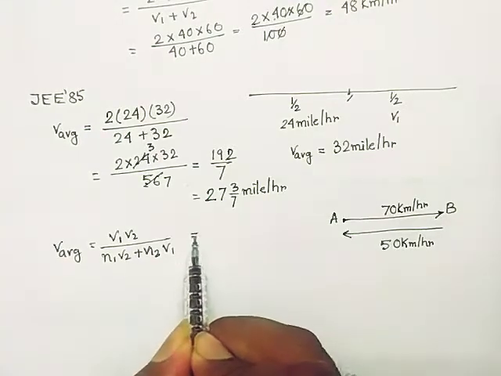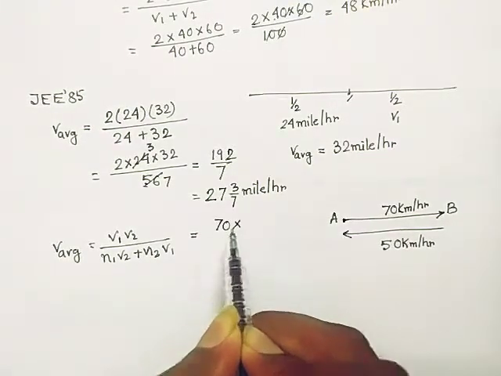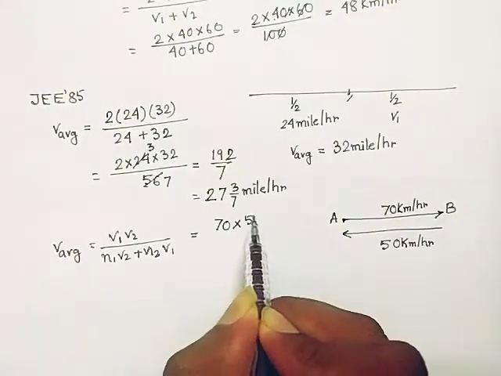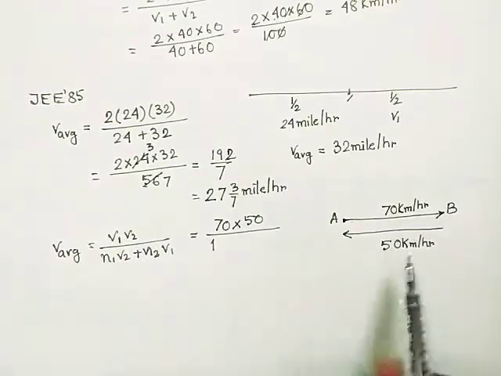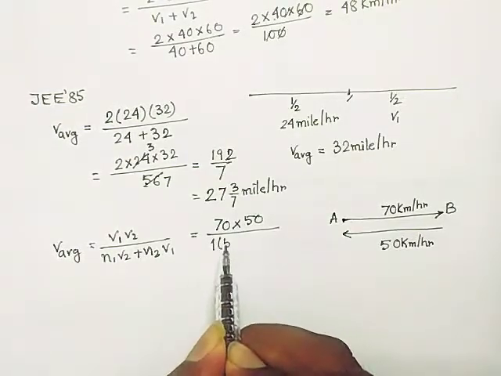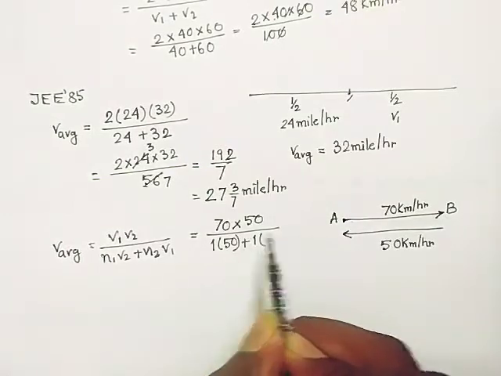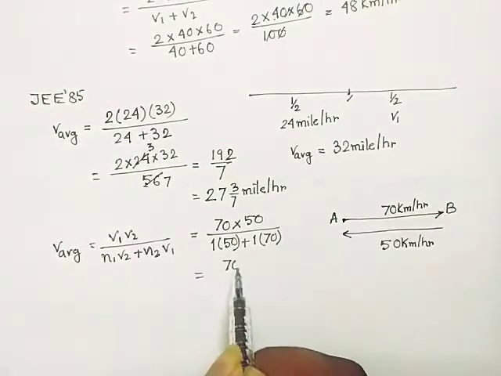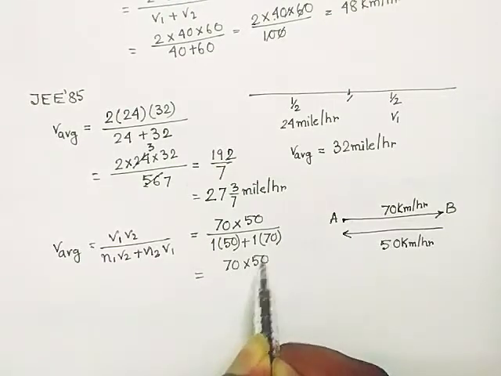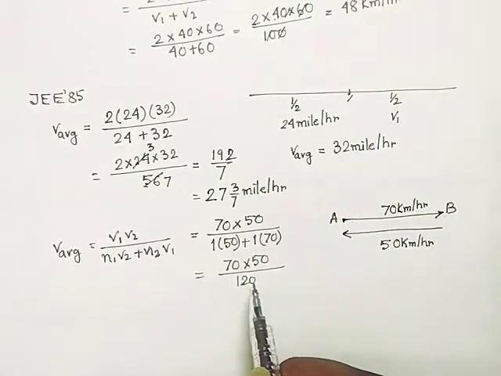So this will become 70 into 50 divided by 70 plus 50, which is 120.